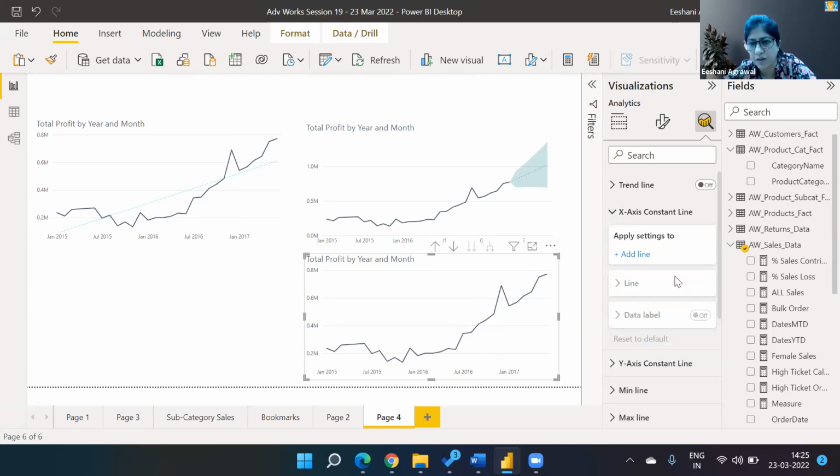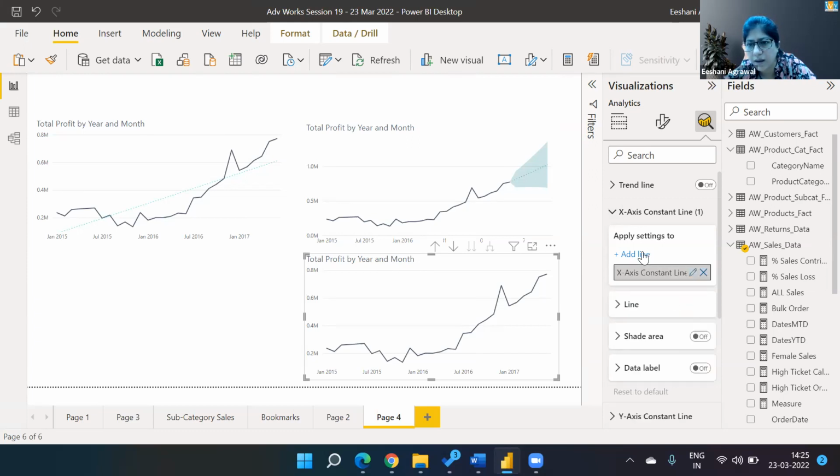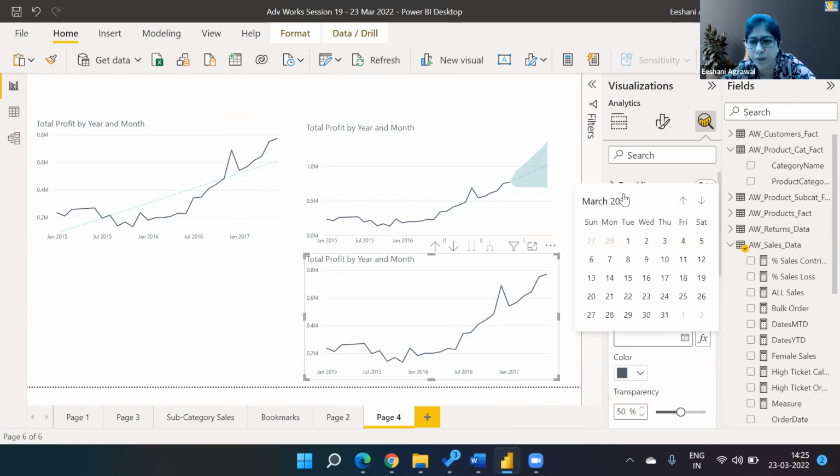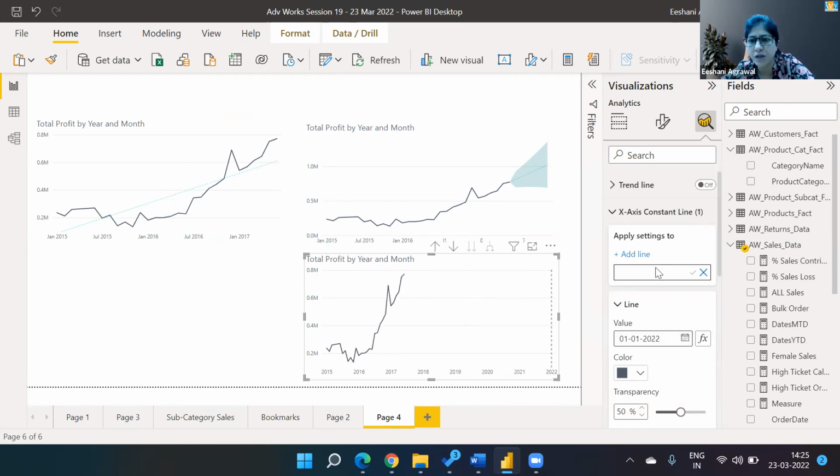Since the x-axis is a date, you will get the value in the format of a date. So let's say January 1st, 2016. You see this line has come up.